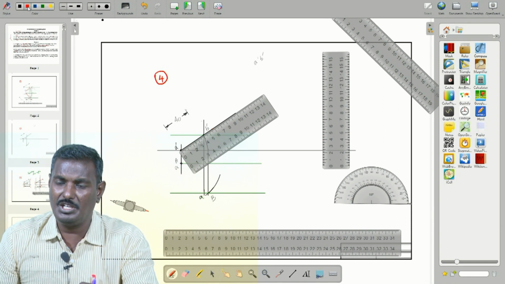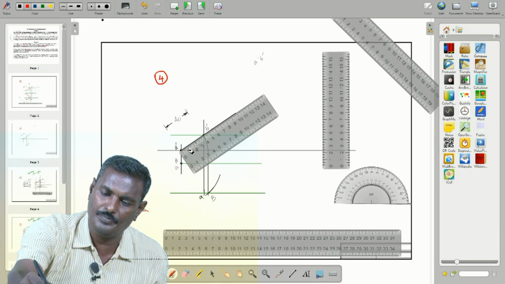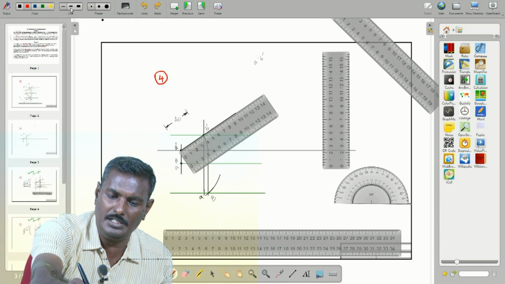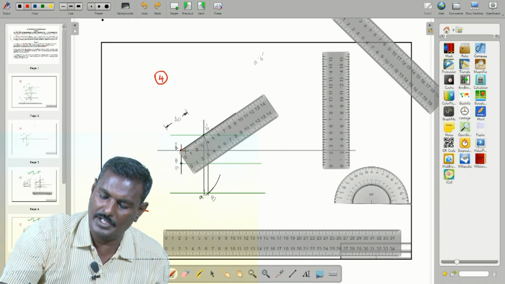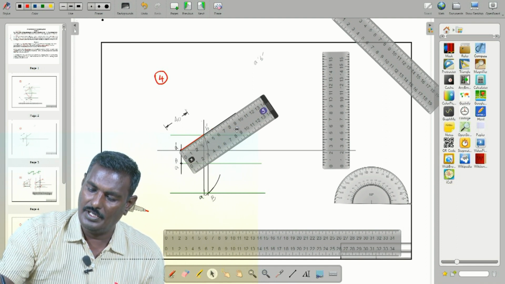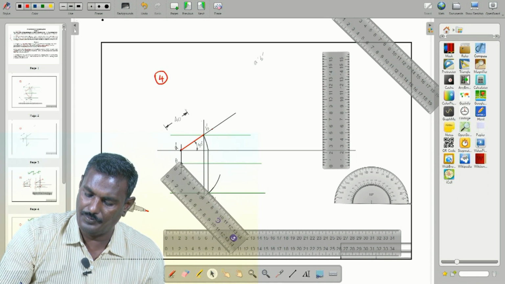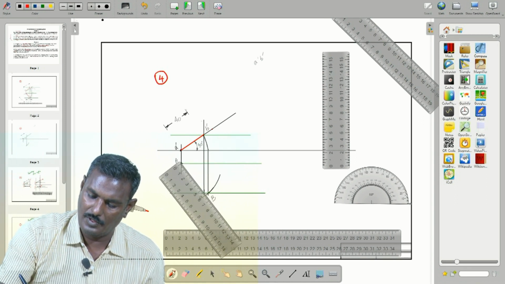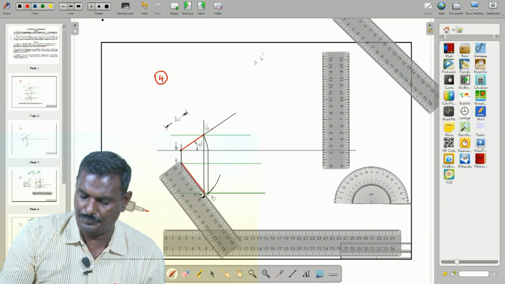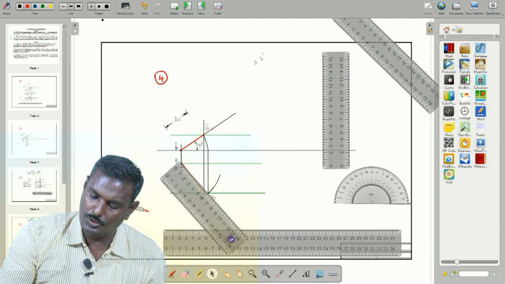So I just use red color here. Trace A dash B dash as the projection, then similarly A and B, and in a similar way the true object.